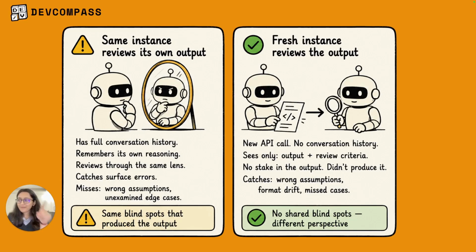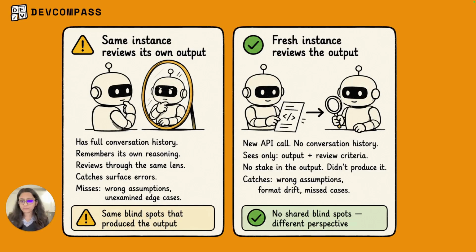Nice. But on the right side is an independent second instance, where it shows two clear separate robot figures, one passing output to the other. Body text: a new API call, no conversation history, no stake in the output, didn't produce it. So it catches the wrong assumptions, format drift or missed cases.